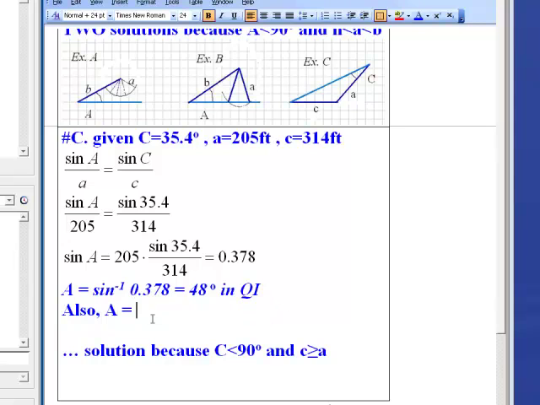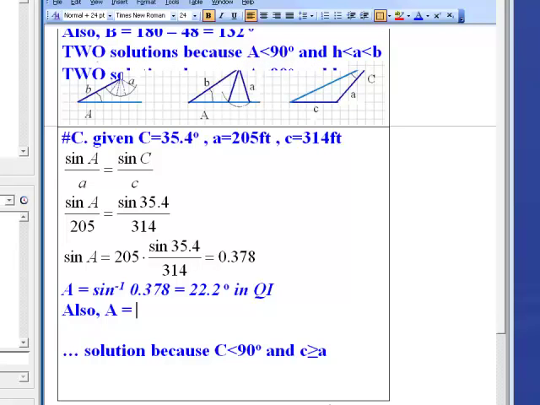I'm going to take this one off here. Let's see, inverse sine of that number comes out to 22.2 degrees. This time around, currently we have three significant figures. A can also occur in quadrant 2. I should have written that on the previous problem. It's quadrant 2 as well. Let's see if I can still have the space.